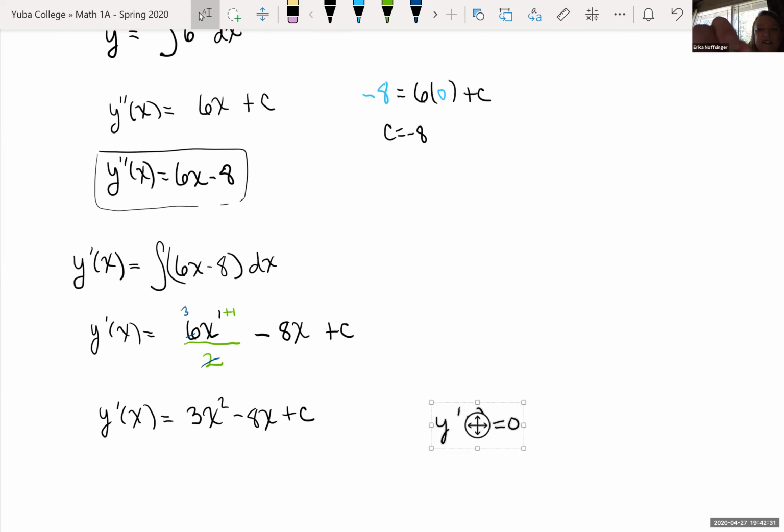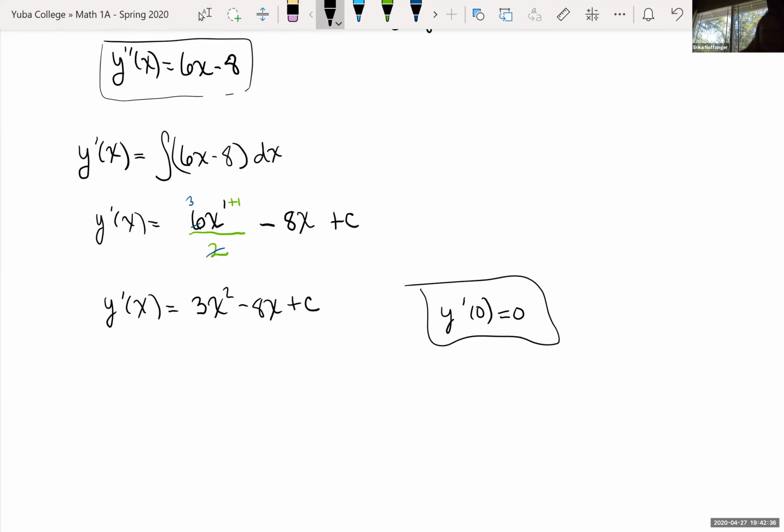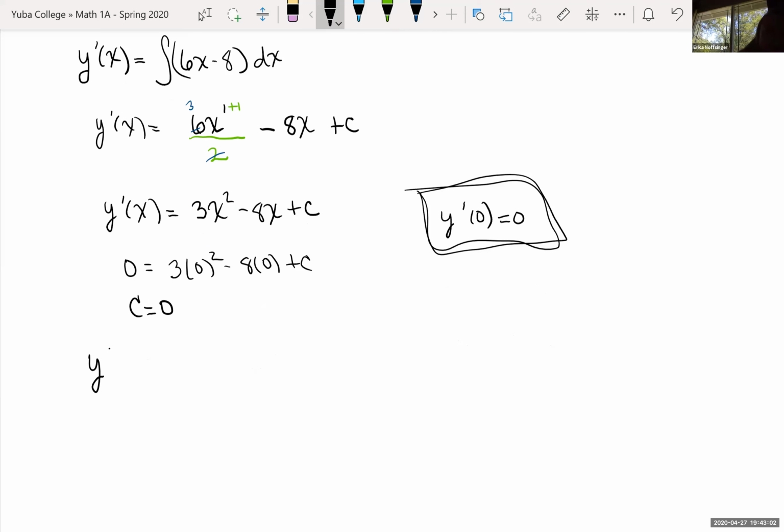So plugging that in, we get 0 is equal to 3 times 0 squared minus 8 times 0 plus c. That shows me c is equal to 0. And so my first derivative of y is equal to 3x squared minus 8x.